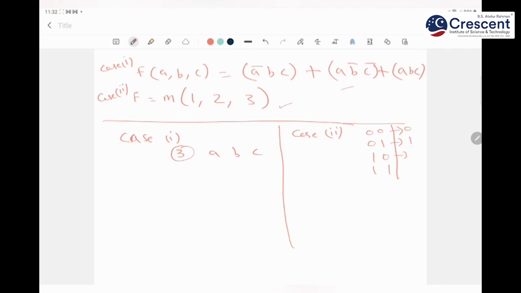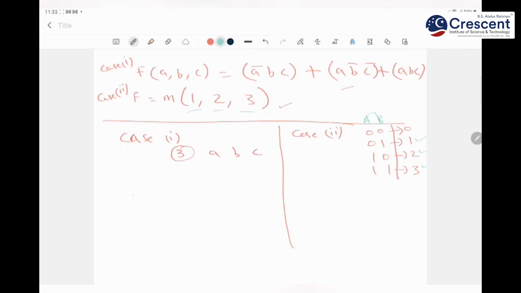So what terms are there here? It has 1, 2 and 3. How many variables are required? You need only 2 variables, which can be represented as capital A and capital B. So now you know these terms.